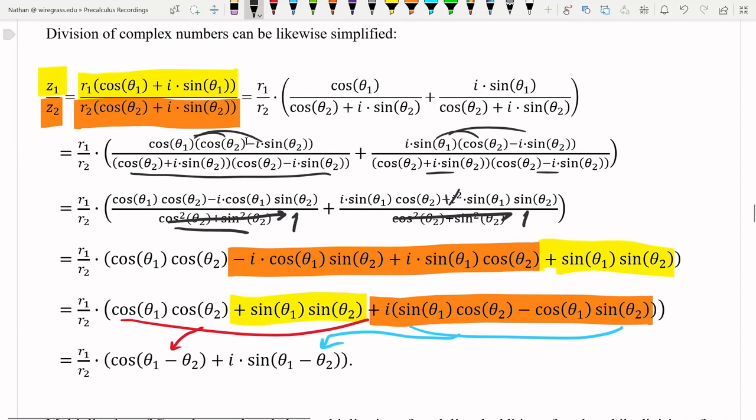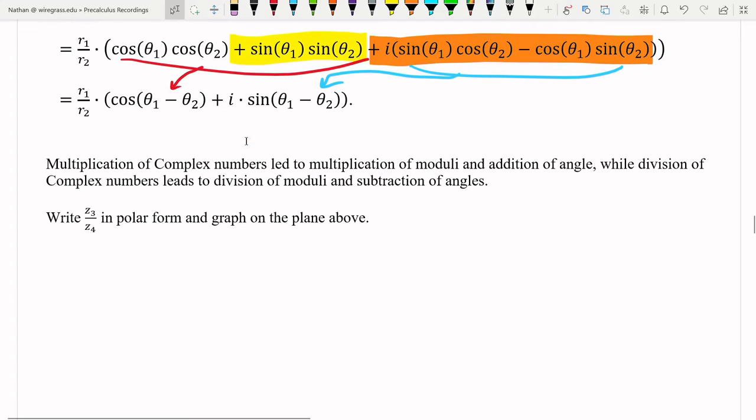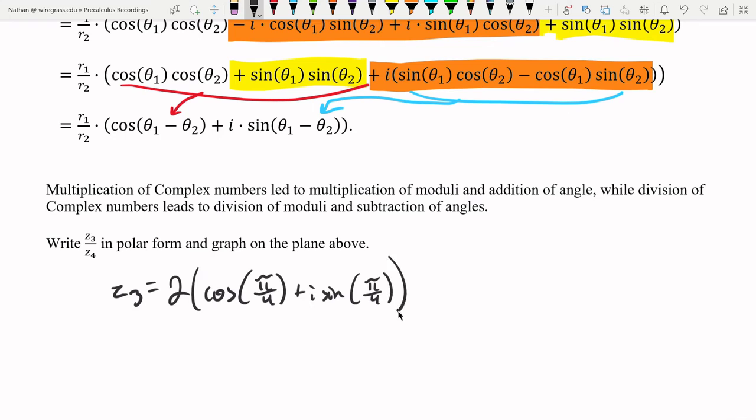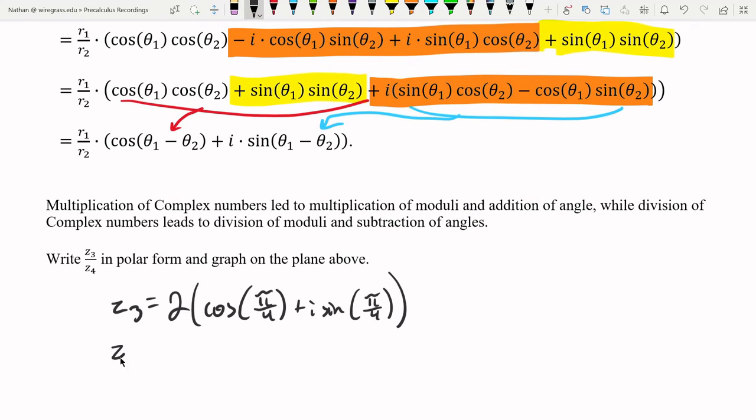So let's look at this with Z3 and Z4 like we already looked at. So Z3 was 2 times cosine pi over 4 plus I sine pi over 4. Z4 is 3 cosine 5 pi over 6 plus I sine 5 pi over 6.